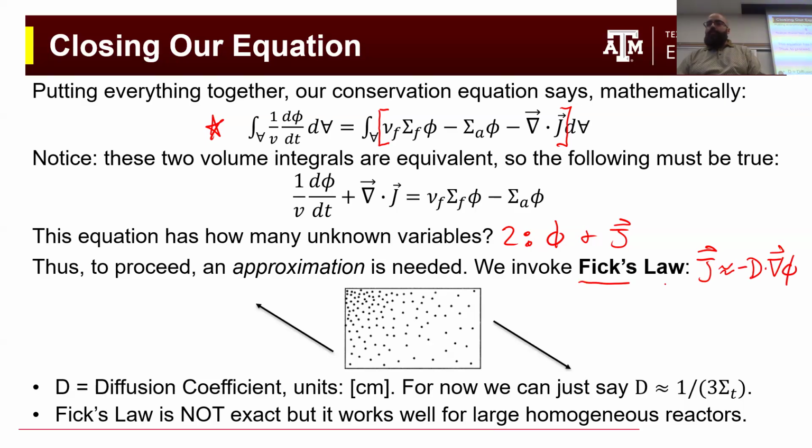And this is using something called Fick's law. And Fick's law comes from the study of gases. And this picture is kind of illustrating it. So imagine that I had a pizza and I got my pizza box and I put it over here and then I opened the box.